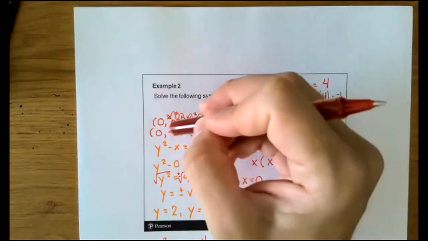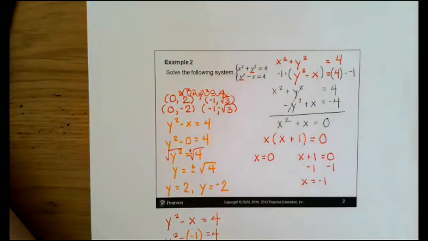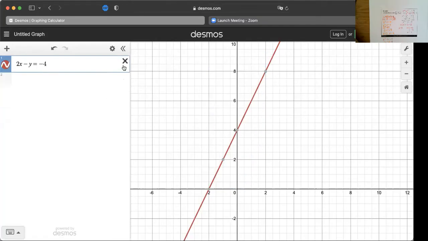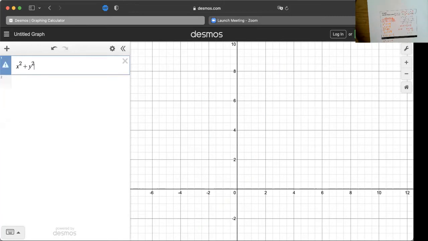So let's see if when we graph these, they cross at these 4 points. X squared plus y squared equals 4 is a circle.